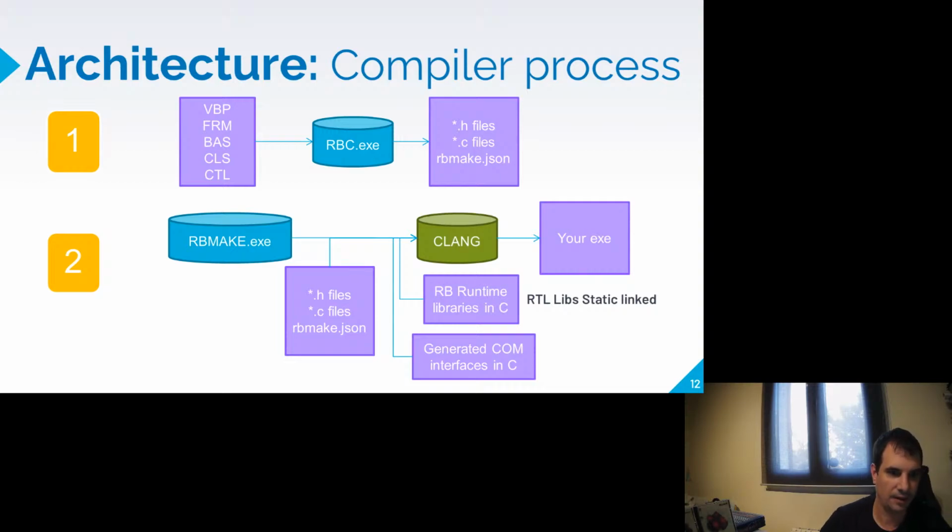If we go inside the compiler process, it could be divided into two steps. First, the RAD Basic Compiler reads the Visual Basic project file, forms, modules, classes, CTL definitions of user controls, and generates C code, headers, and C files, and generates a special file that is rbmake.json.